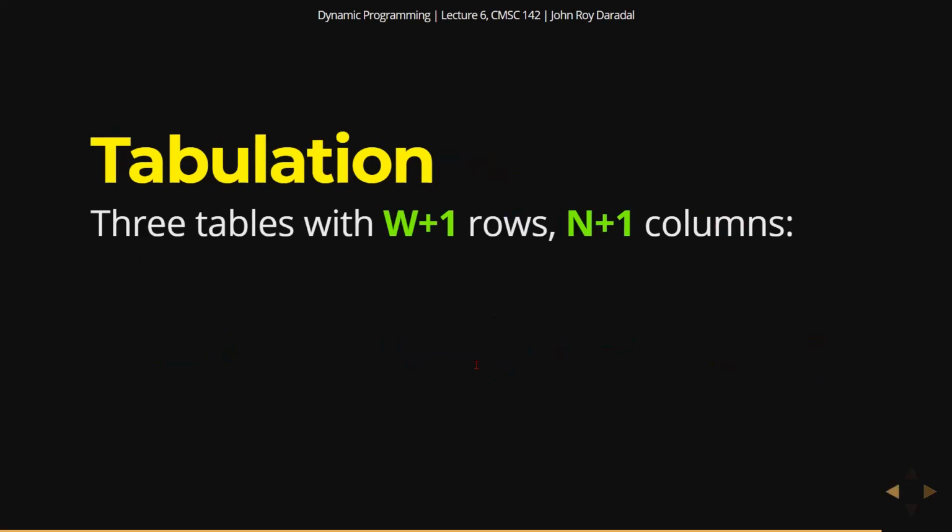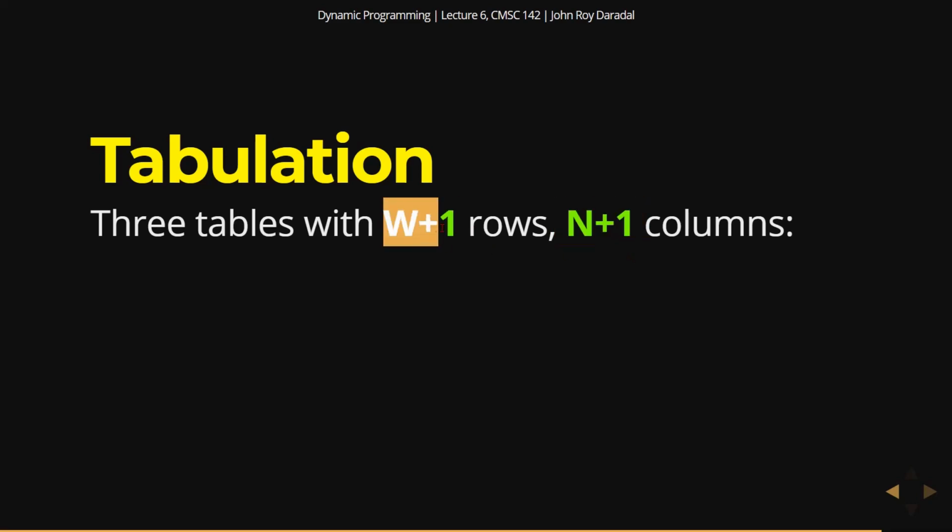So once we do that, we will be able to tabulate and create 3 tables this time. So earlier we only used a one-dimensional array, right? But this time we'll have a table because we have 2 variables to consider, right? The capacity and the number of items, so w and u. So we will have 3 tables with the following size: w plus 1 rows and n plus 1 columns.